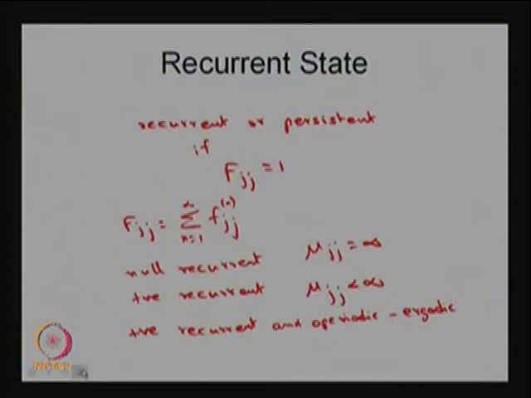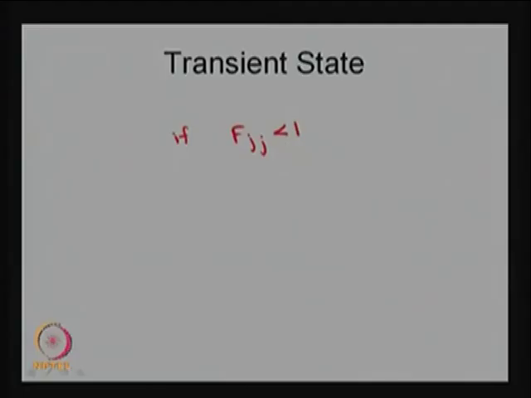Now, I am going to classify the state as a transient state whenever the f j j value is less than 1. If you recall, we have considered only two cases, whether f j j is less than 1 or f j j is equal to 1. Equal to 1 lands up as a recurrent state and f j j less than 1 gives the transient state.